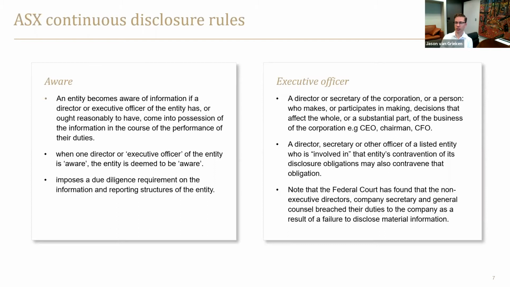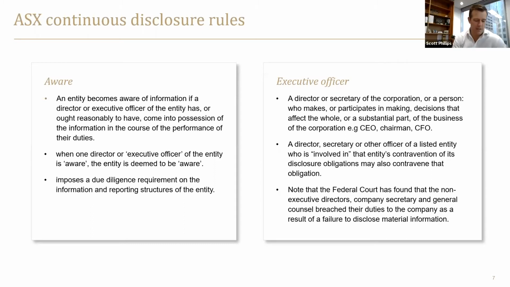So there can still be scenarios where, even if the board isn't aware of that information, there's a continuous disclosure obligation. And this comes back to who's involved in that contravention. The key point here is that it's broader than just the board.